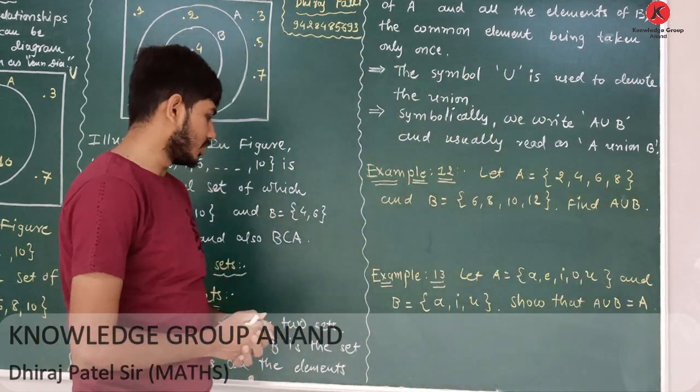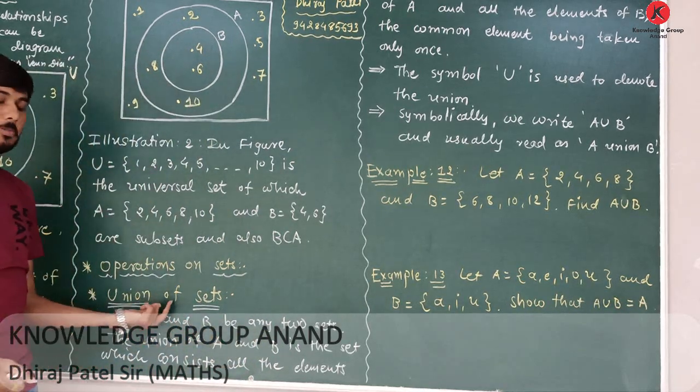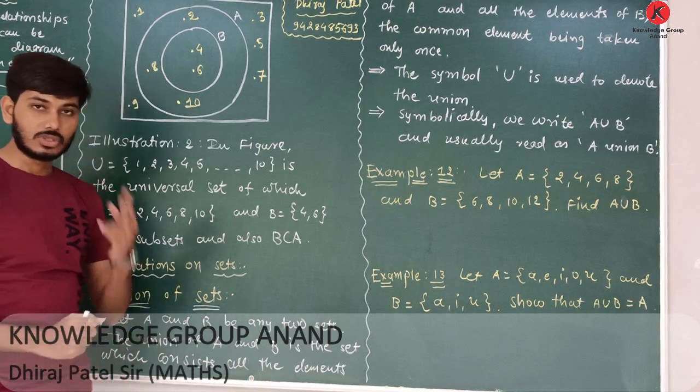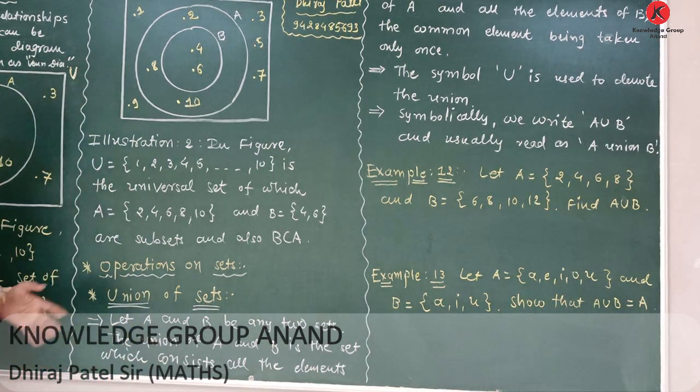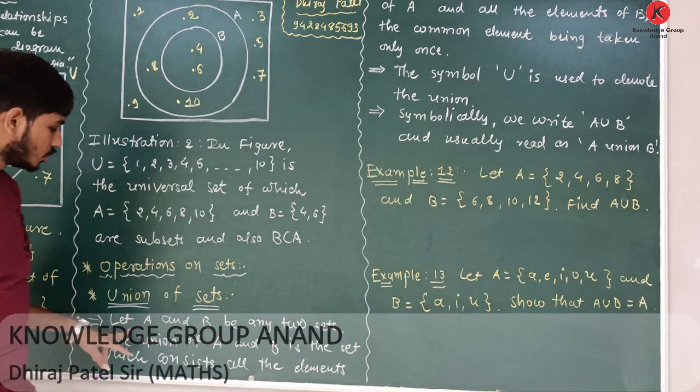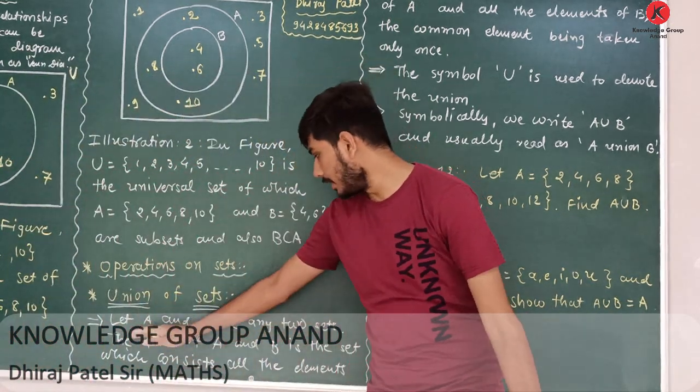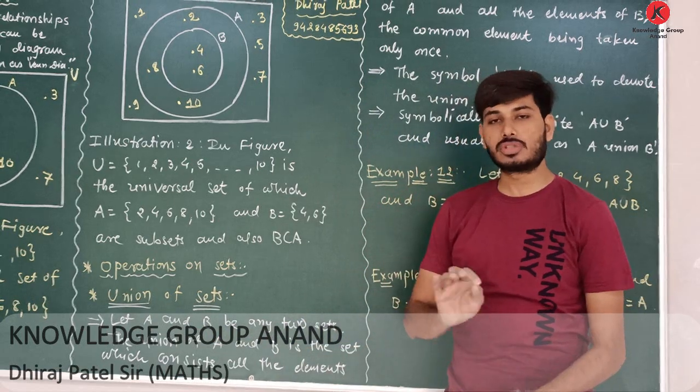The first operation is union of sets, or we can say the union of 2 sets. Suppose we have 2 sets named A and B. So let A and B be any 2 sets.